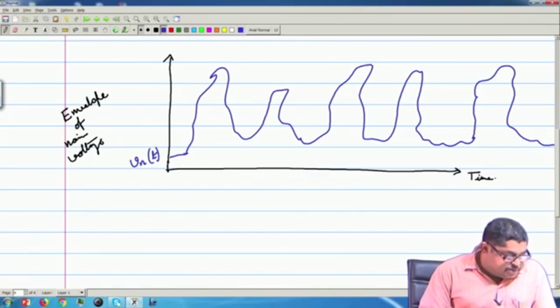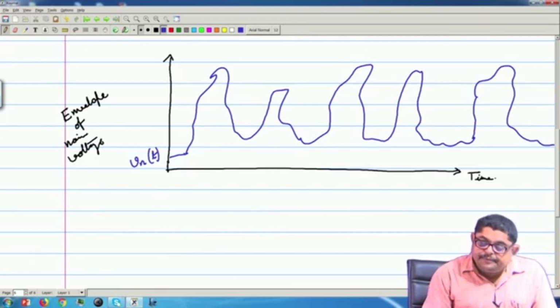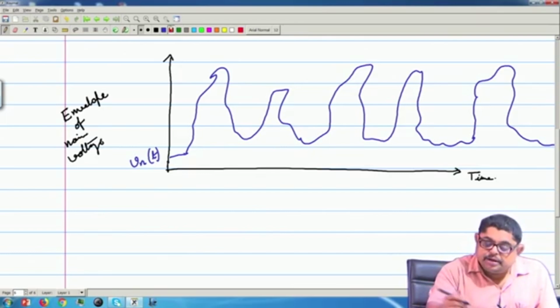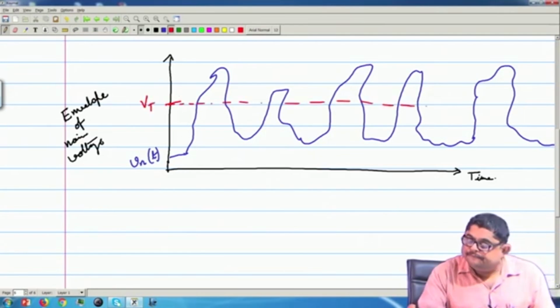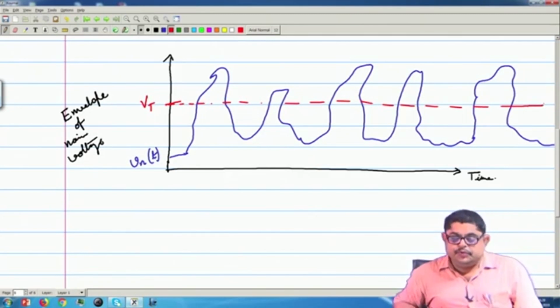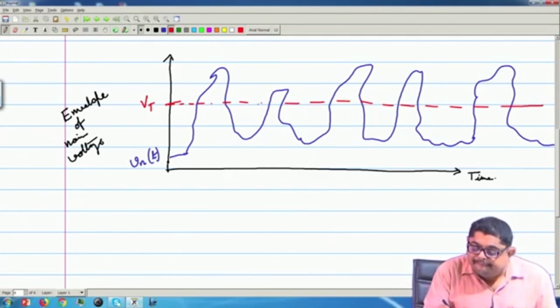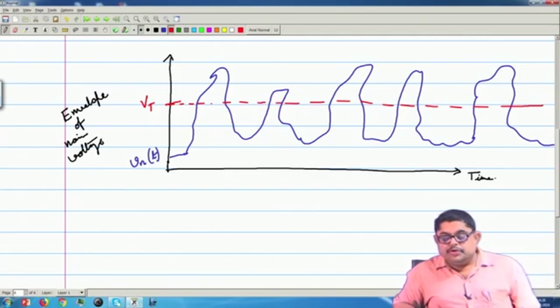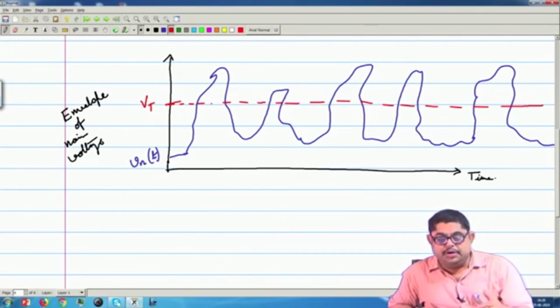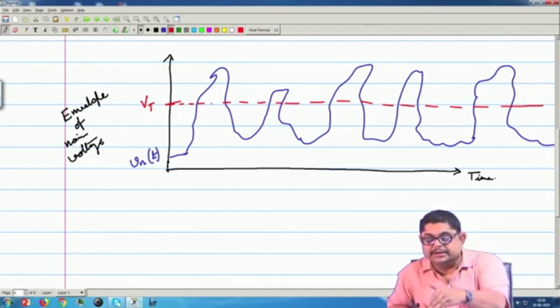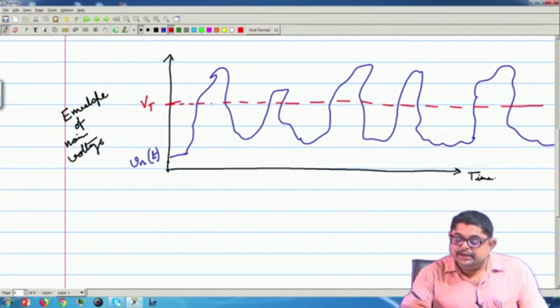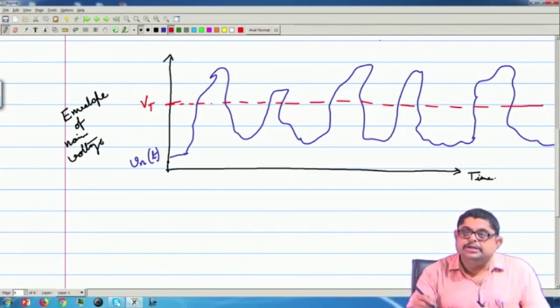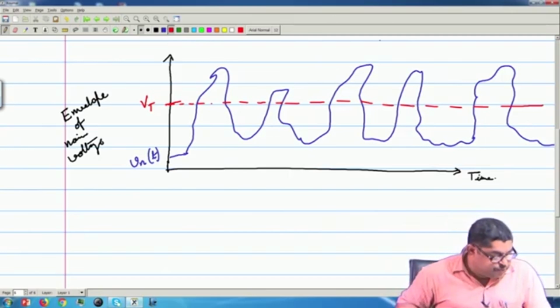And let us say that I have a threshold put here, V t. So, you see, if I put a threshold, these are the instances where you can easily see that the noise voltage is crossing that threshold.